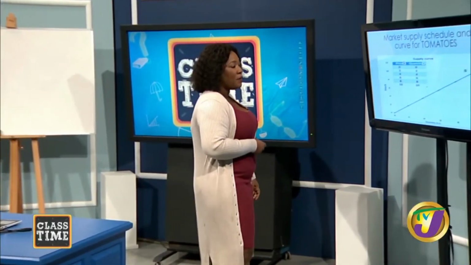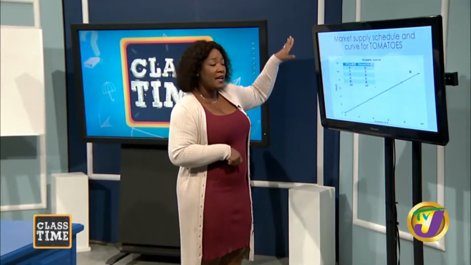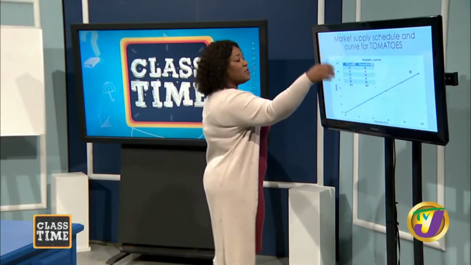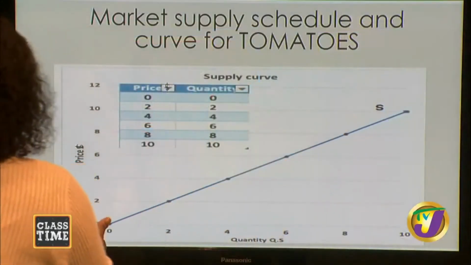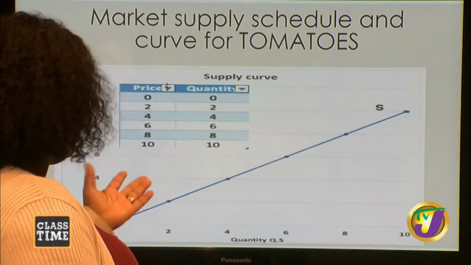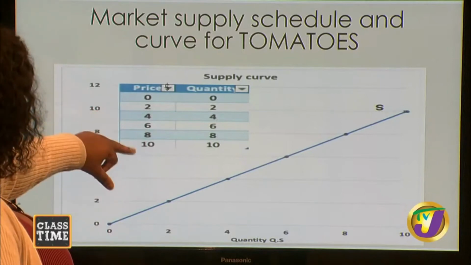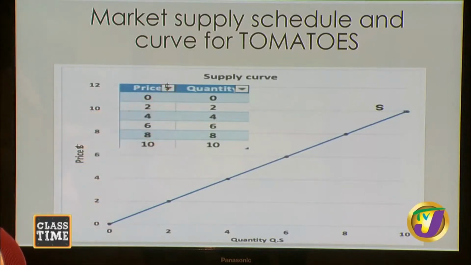So this is an example of a supply curve. Before, we realized that the demand curve sloped from left to right. Here we have our supply curve. The supply curve slopes from right to left. Now, the curve here is a reflection of the supply schedule as seen here. So, as the prices increase, so will the quantity.